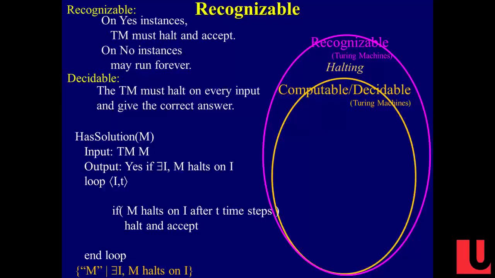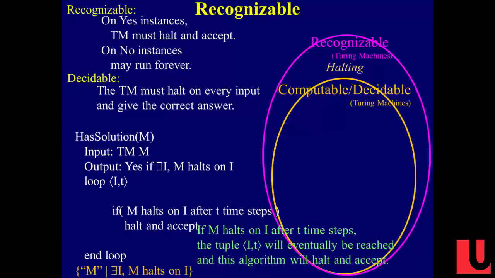And how we're going to do that is we're going to write an algorithm that, if M halts on some input, then this algorithm is going to halt. And how does it do it? Well, we enumerate over all I's and T's, right? And we run M on I for T time steps. So suppose there existed an input I on which M halts, after some T time steps.